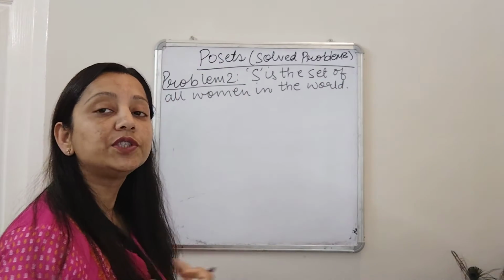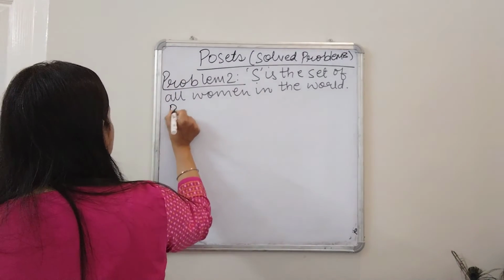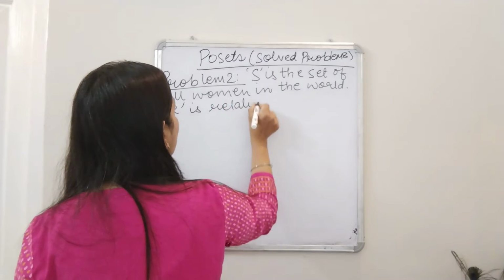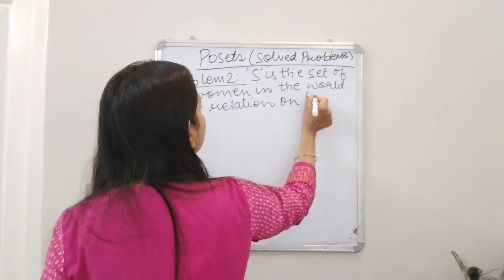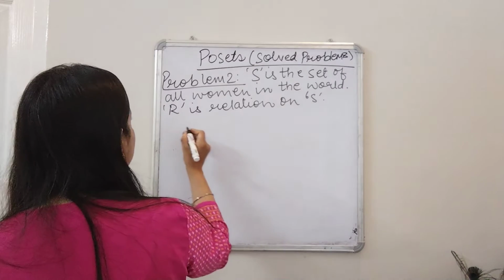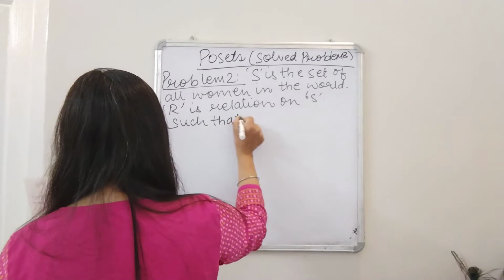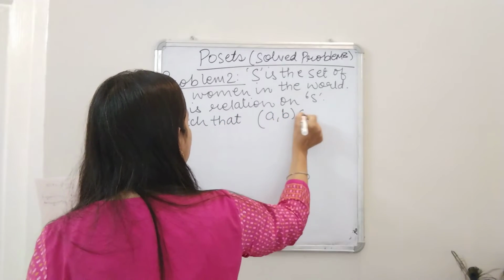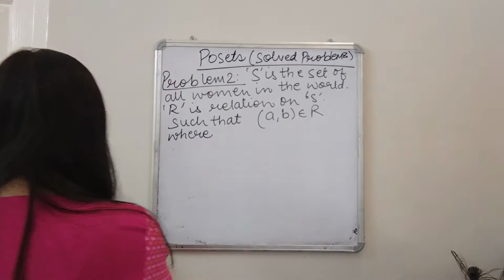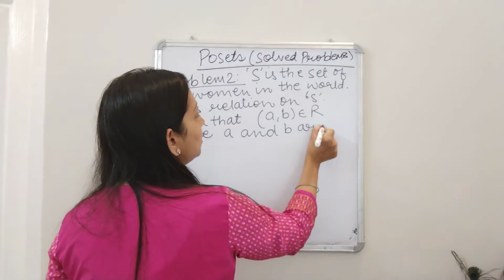I take a set which is the set of all women in the world, and R is a relation which is formed on this set S. So how is it formed? It is formed such that AB belongs to the relation R, where A and B are women.